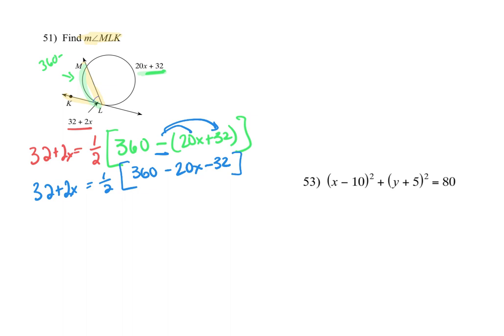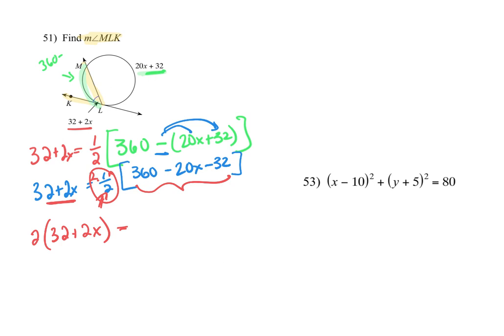So to get rid of the 1/2, I am gonna multiply both sides by 2. So multiplying by 2 gets rid of it right here, but then I need to multiply this side by 2 as well. You are multiplying the entire group by 2. So 2 times that entire group to get rid of that half on the other side. So 2 times that entire group equals this guy right here, because I canceled out the 1/2.